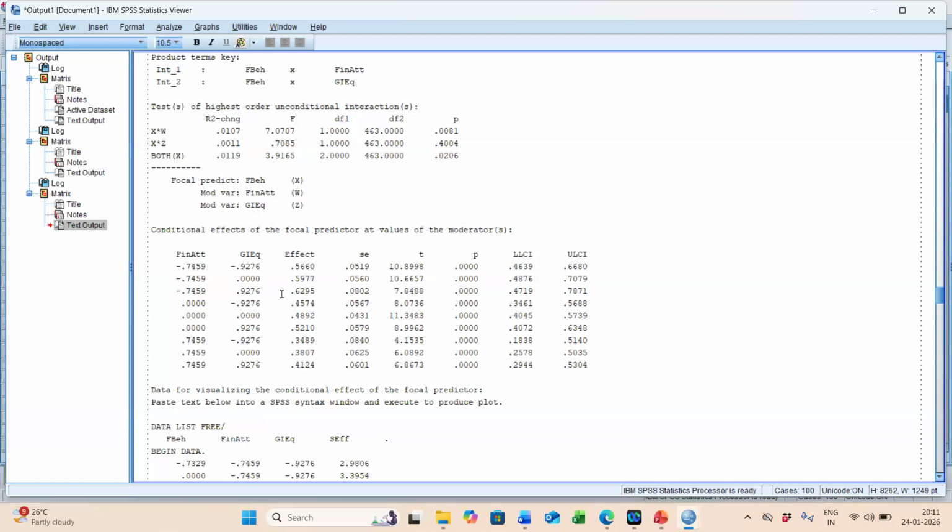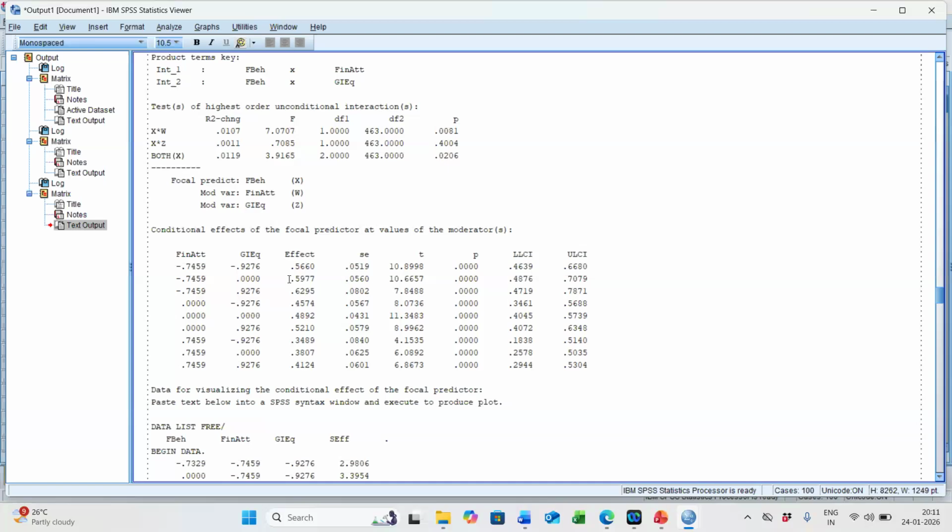That means, what does it mean? See, here all the financial attitude values are kept constant, at the least level. But the gender equality values are actually increasing, from minus 0.9276 to plus 0.9276. When it is increasing, the effect is also increasing.